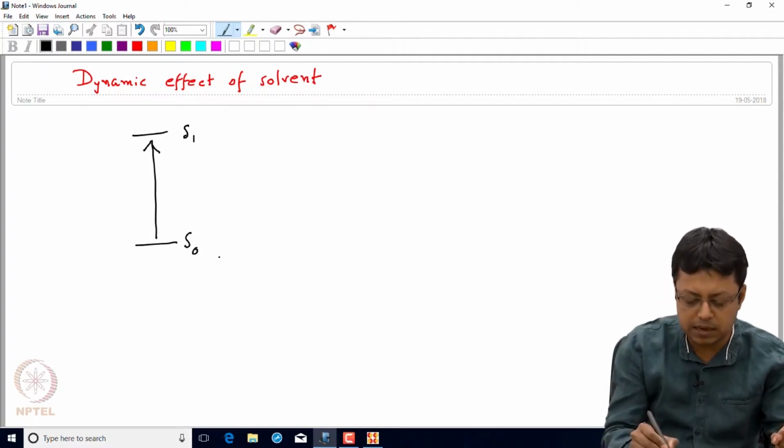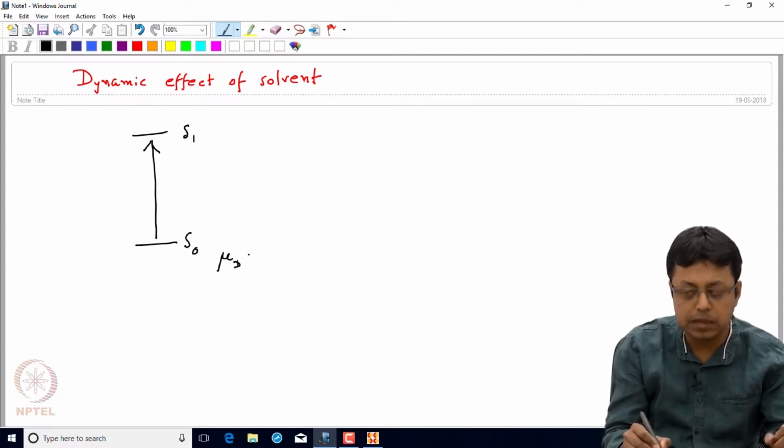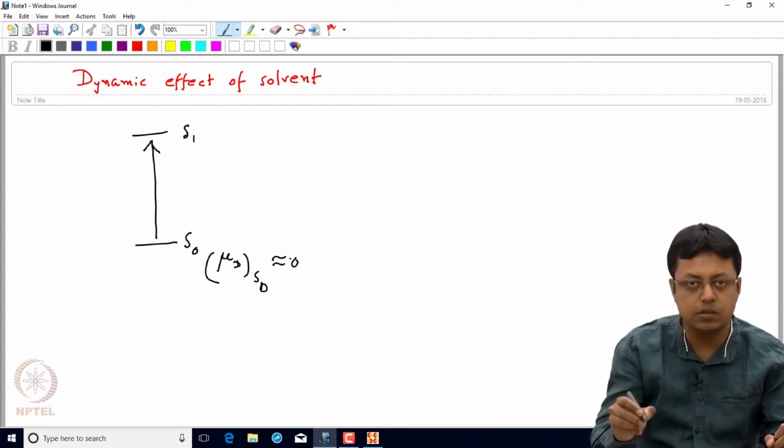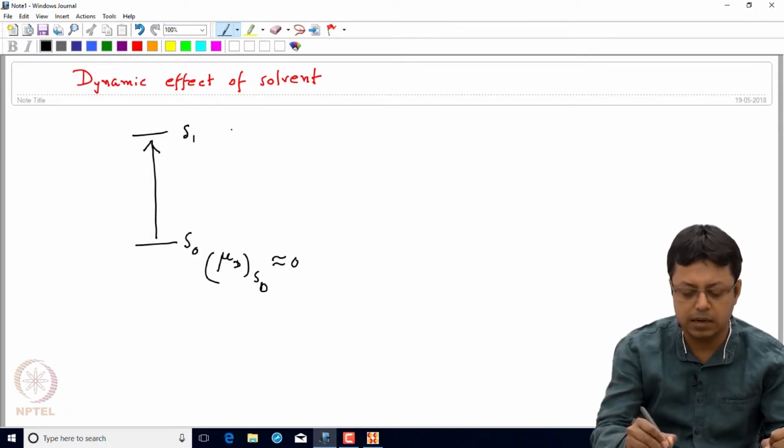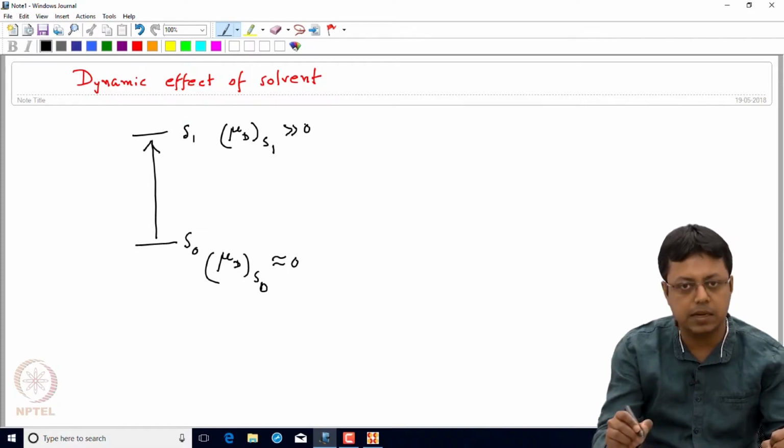So the permanent dipole moment in the ground electronic state, S0, is almost equal to 0. But when it goes to the excited state, due to huge charge redistribution, we can have a non-zero dipole moment in the excited state.